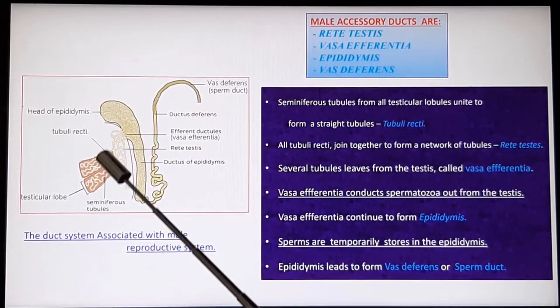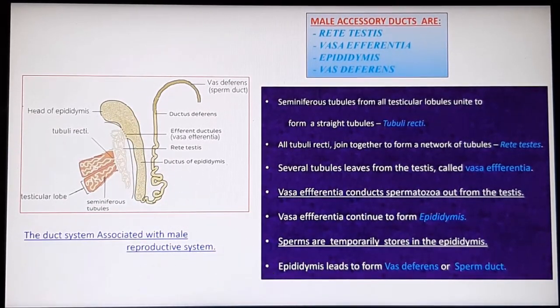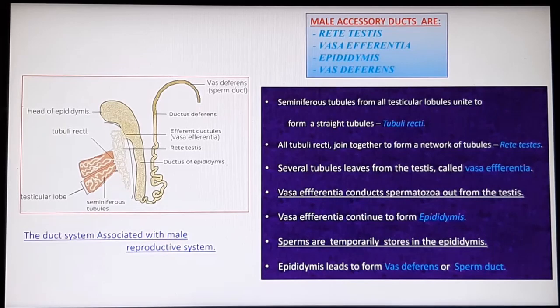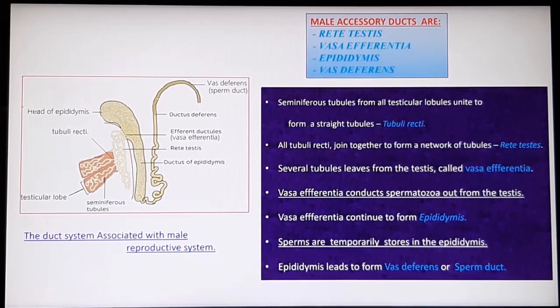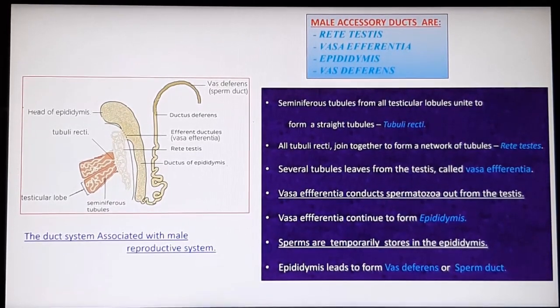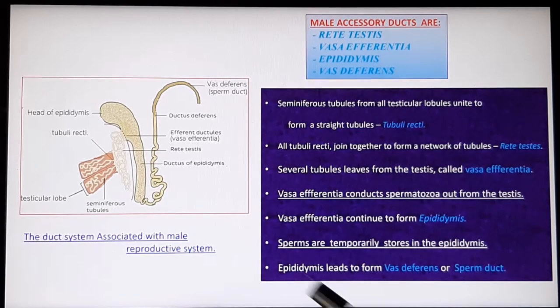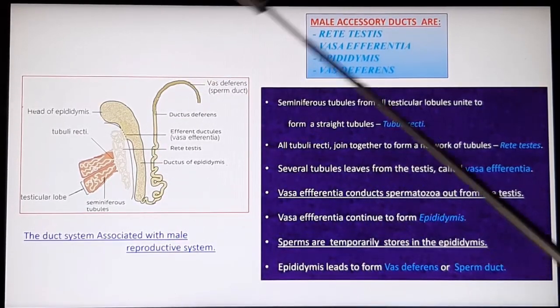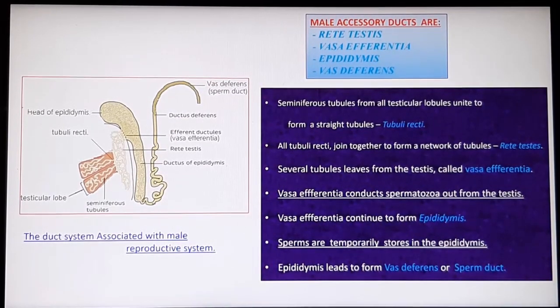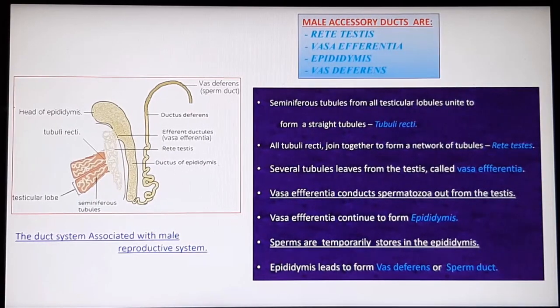The function of the epididymis is the temporary storage of sperms. The sperms are temporarily stored in the epididymis, and the epididymis continues to form the vas deferens or sperm duct.